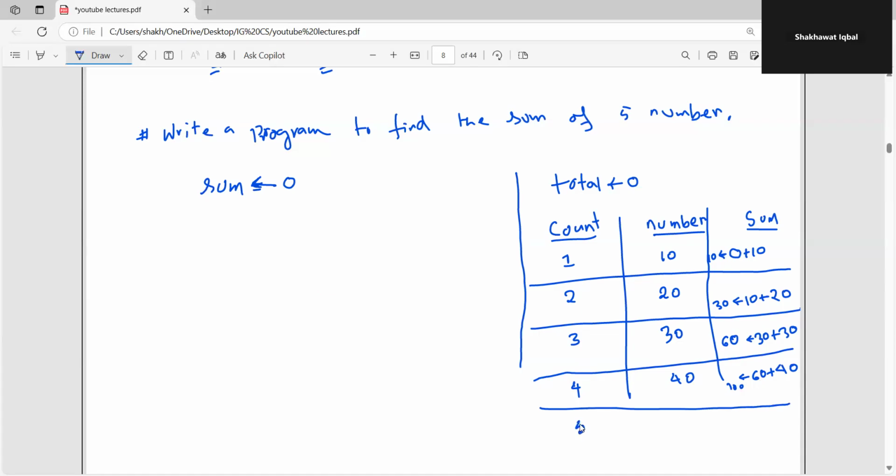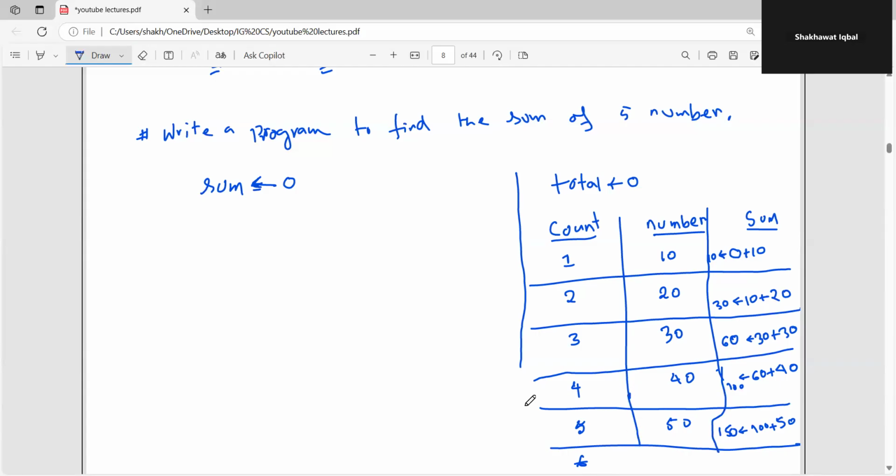Then the fifth number is 50. The previous sum is 100, so it turns into 150. Now count is 6. As you can understand, there are 5 numbers, so when count reaches 6, that means my total is done.